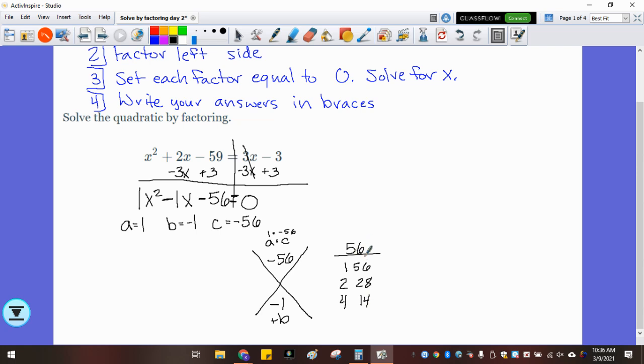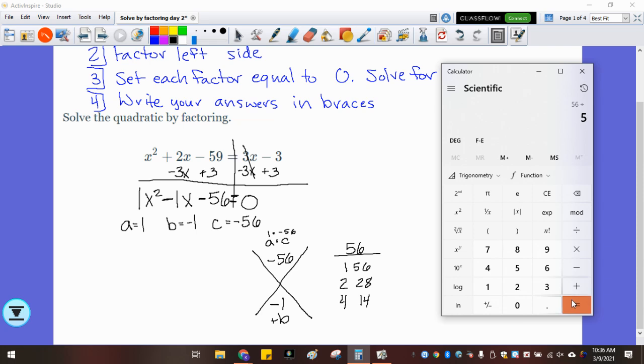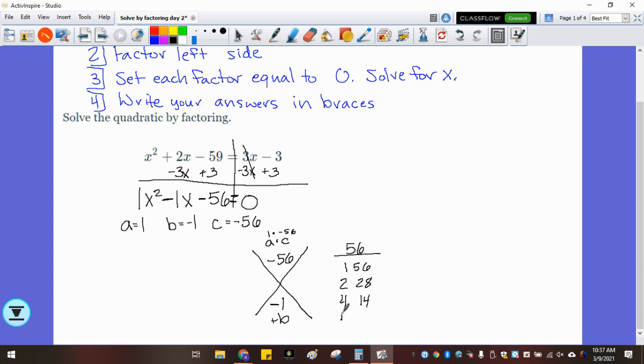It's not divisible by 5 because it doesn't end in a 5 or a 0. 6 gives a decimal. 7 is 8. And then the next number you try would be 8. So you know your list is done.